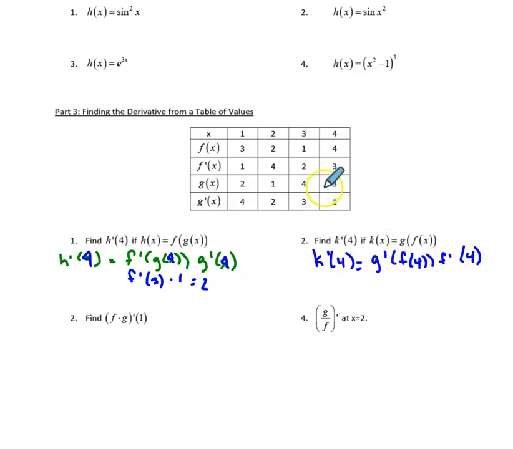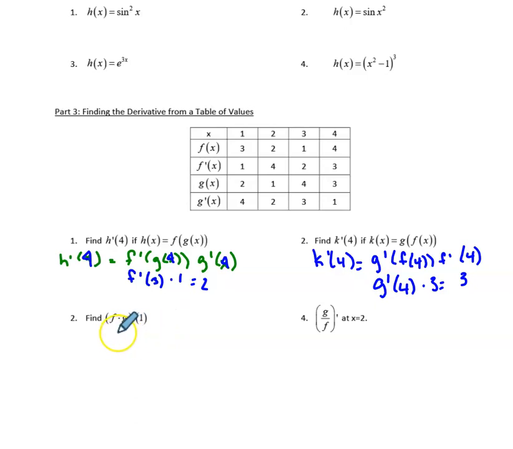So f of 4 from the table is 4, which leaves me with g prime of 4, and then times f prime of 4, again reading from the table, I get 3. And then now g prime of 4 is equal to 1, and 1 times 3 is equal to 3. So that's in general how you do derivatives from a table.